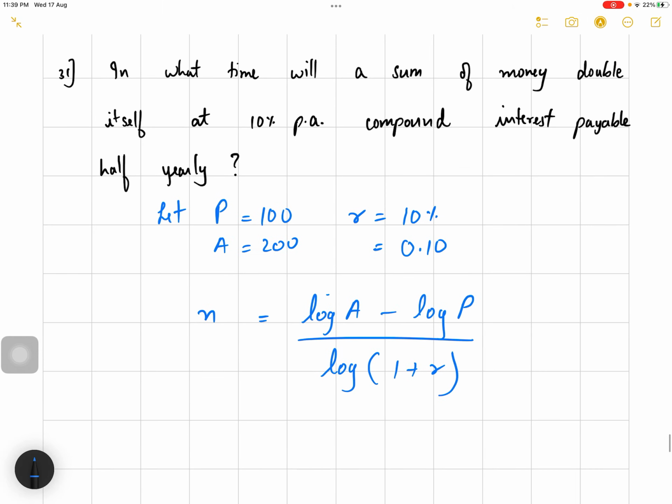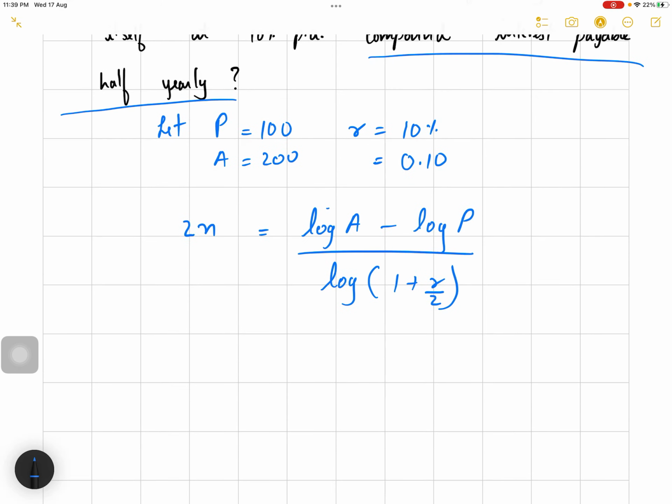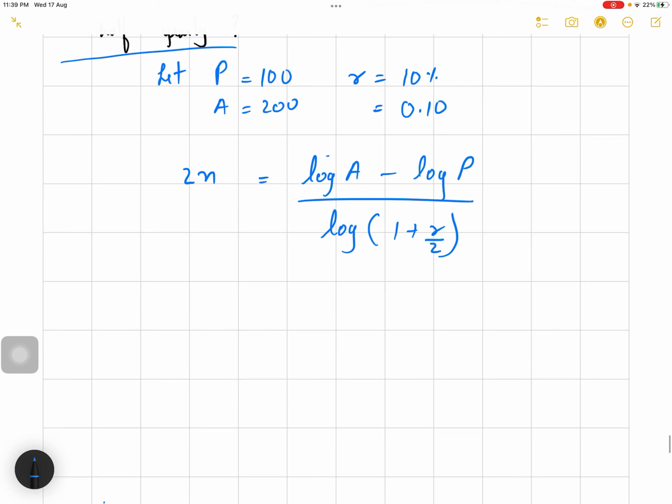But here interest is compounded half yearly, so you will do r divided by 2 and n multiplied by 2. So this is the formula. So let's start solving.